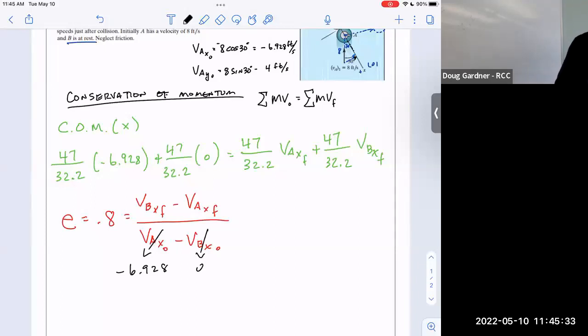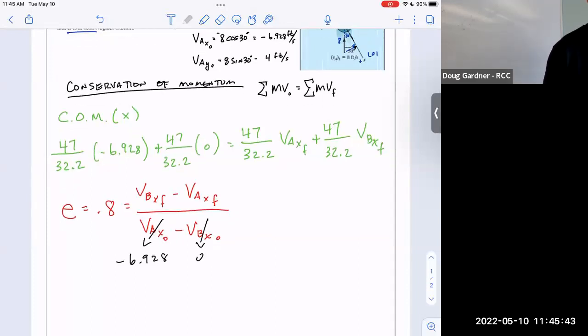Thanks to the conservation of momentum as a physics principle and this coefficient of restitution equation, I can solve this system. Again, solve this any way that you want to. I don't care.